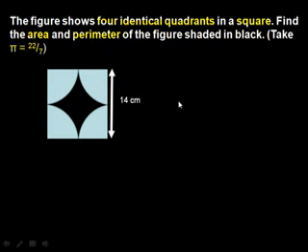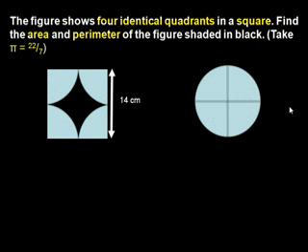So now, to find area, we need to first find the radius. Can you see that the 4 quadrants form a circle? So to find the area of the black portion is simply the area of the square minus the area of the circle. So we need to first find the radius of the circle.